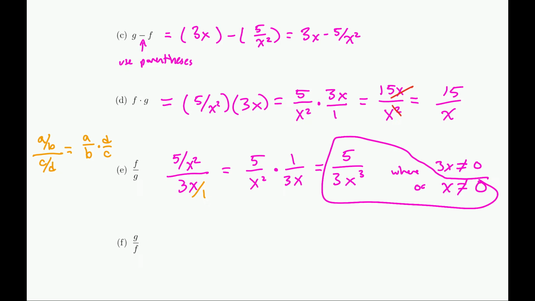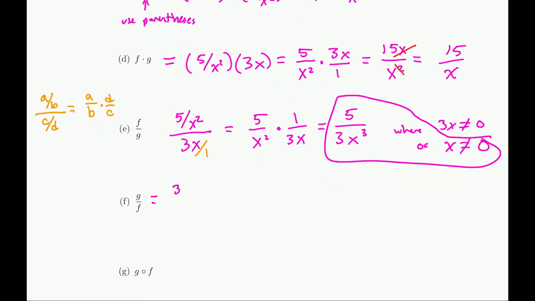Then we have g over f. Same thing, but now it's going to be upside down. We have 3x on top and 5 over x squared on the bottom. You still want to do the exact same thing so you can apply this rule. The 3x on top, we probably still want to write as 3x over 1.